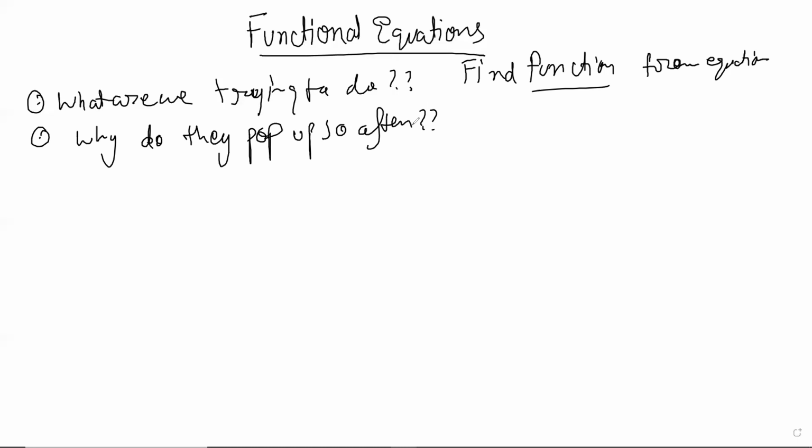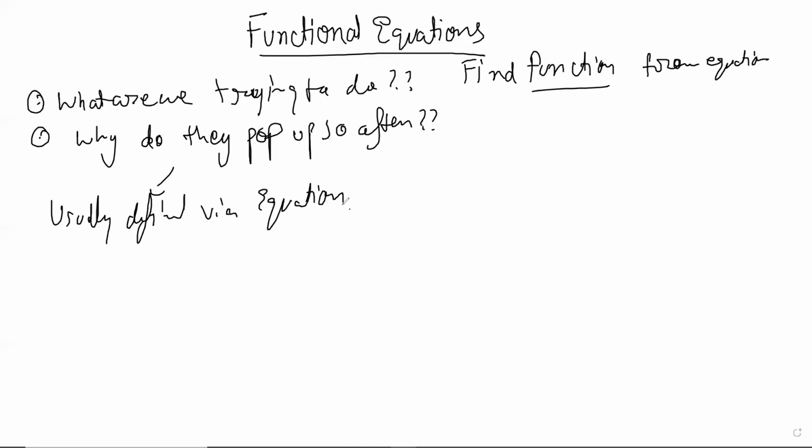But you must have seen functions being defined by equations very often rather than defined explicitly, right? So usually defined via equations. Why? I'll just say in words, usually functions come about from some kind of process, right?